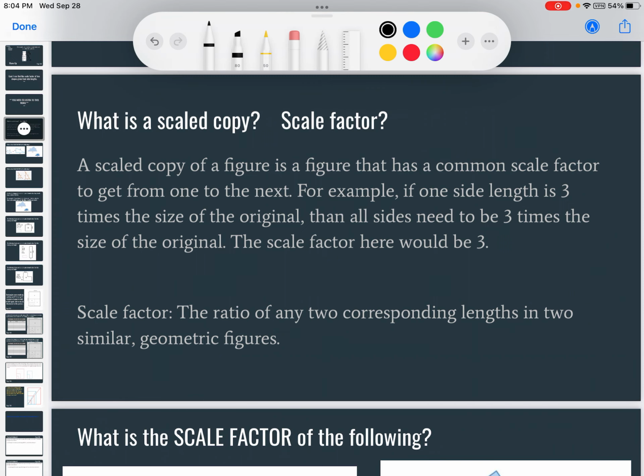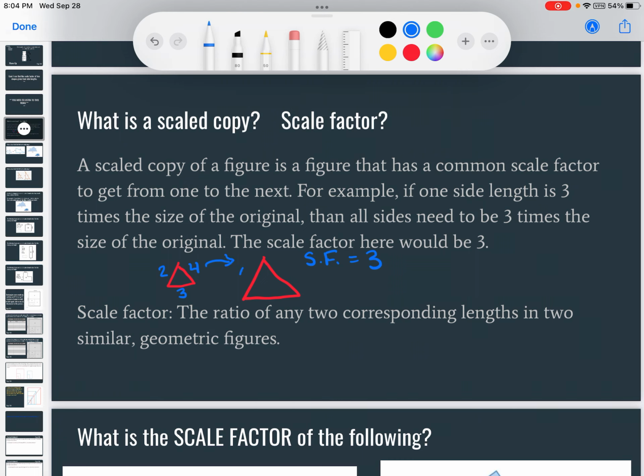So for example, if I had a triangle here, a little guy here and a big guy here, and I knew that these were scaled copies because I told you, and I'm going to say the scale factor is 3. If this side was 2 and this side was 3 and this side was 4, for example, to get to the big guy, to use my scale factor, I would just multiply each side by 3.